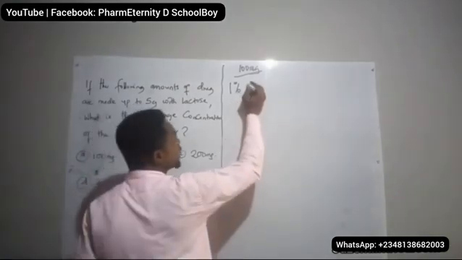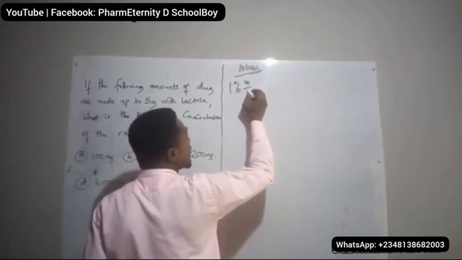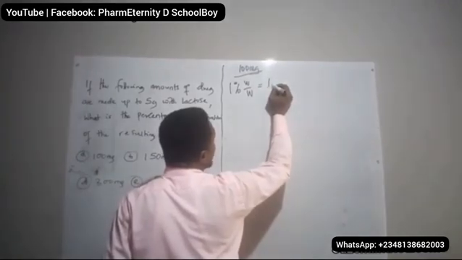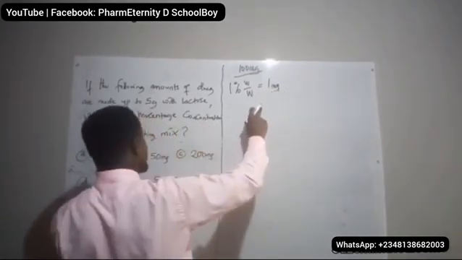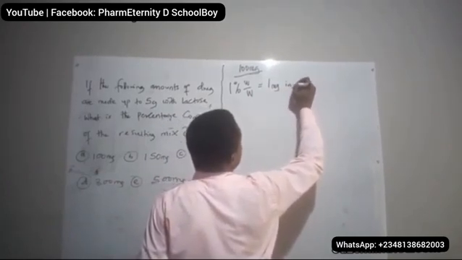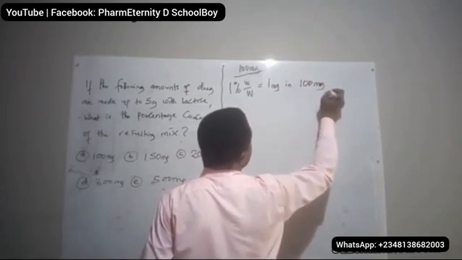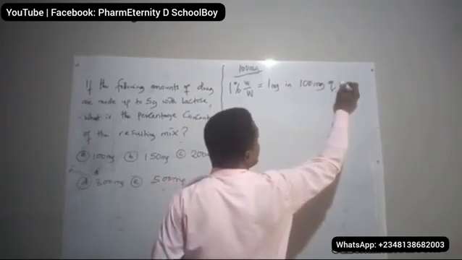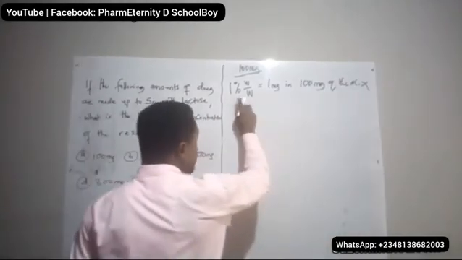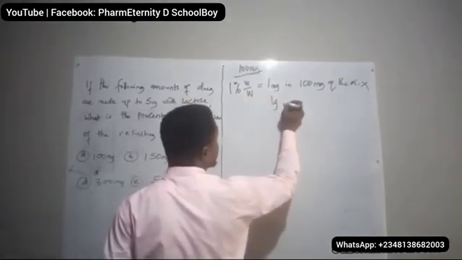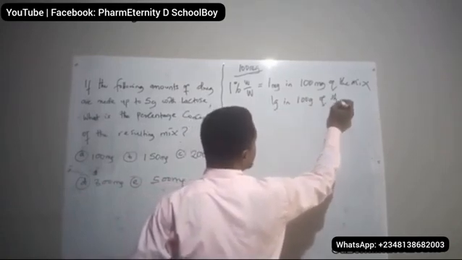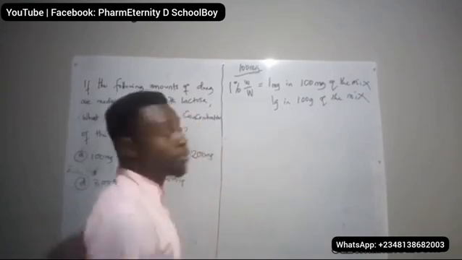So 1% weight per weight represents 1 milligram of the drug in 100 milligram of the mix. It can also represent 1 gram of the drug in 100 gram of the mix. But let's work with milligram.